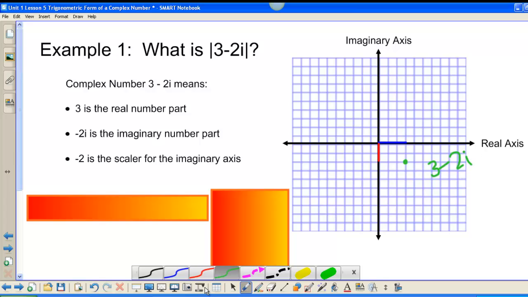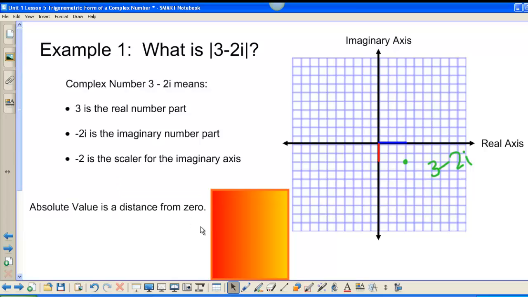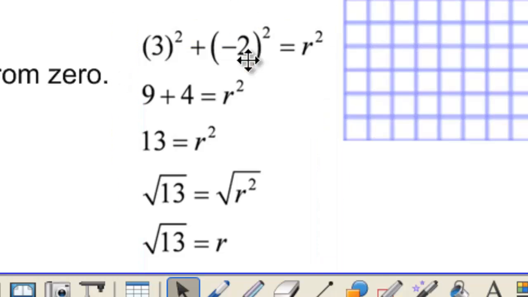Now, when we want to find its absolute value, we recall that the main definition of absolute value is that it's a distance from 0. So, if I take this point and figure out its distance from 0, it creates a right triangle, where this is a distance of negative 2, my horizontal distance is 3, and to figure out the distance in green, or my absolute value, I do Pythagorean theorem.